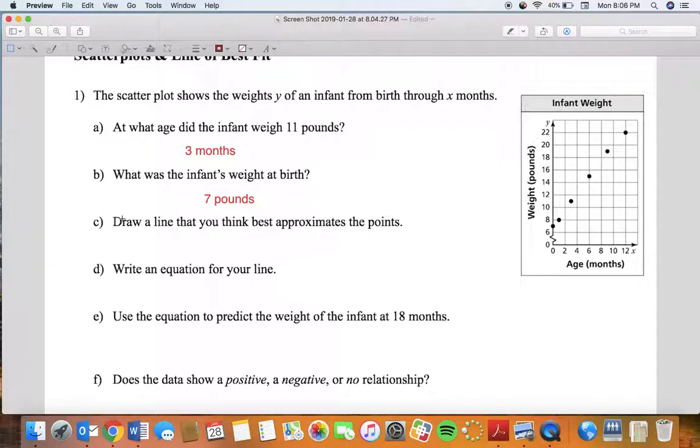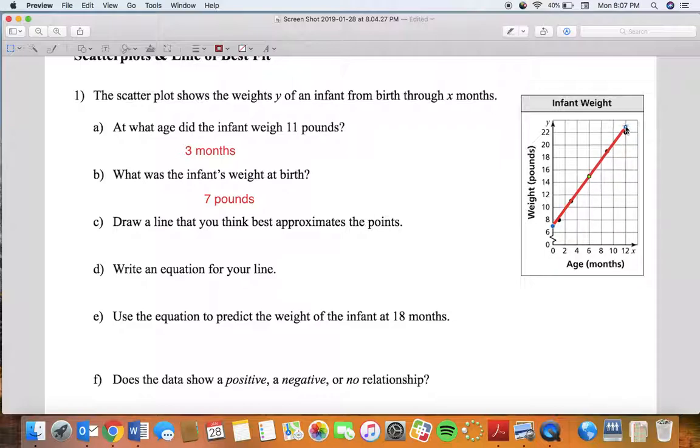Part C, draw a line that you think best approximates the points. So this is where they're asking you to draw the trend line or the line of best fit. Hopefully you have this on paper so you can do it nicely. I'm going to try to drag this line over here. Remember that you want your line, first of all, to be straight, and you want the same number of points above and below it if you can.